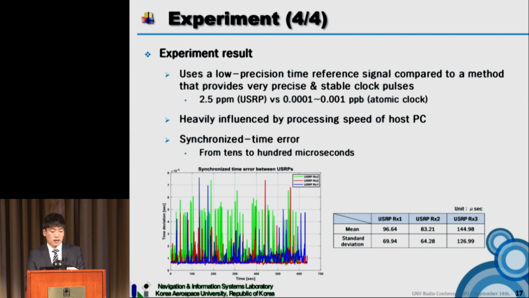And it is heavily influenced by the processing speed of the host PC because the operational code used the dual threshold method. Double conditional statements are quite a burden on the host. So therefore, synchronized time error occurred from tens to 100 microseconds.